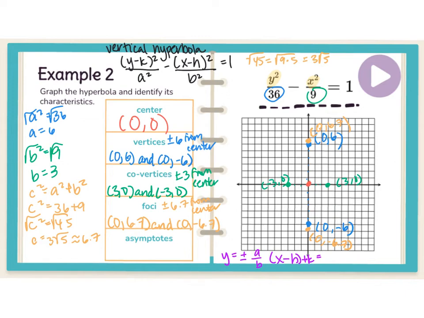Oops, I forgot my plus minus. Plus minus 6 over b, which is 3. X minus h was 0, and k was also 0. So this reduces to y equals plus minus 6 over 3 is 2, and then those zeros will cancel.